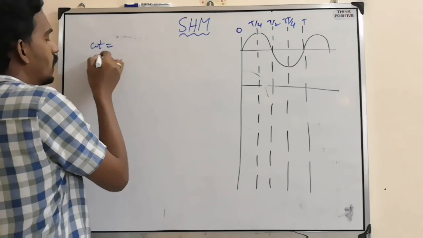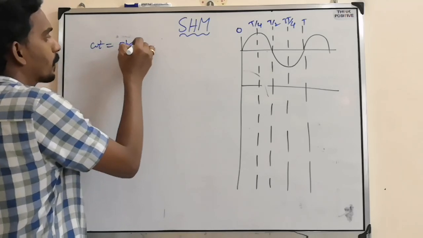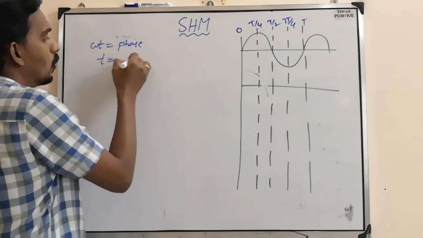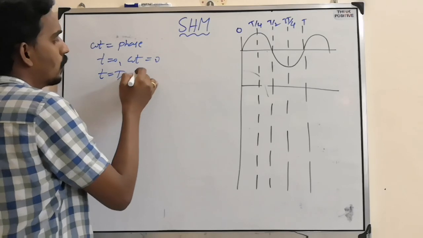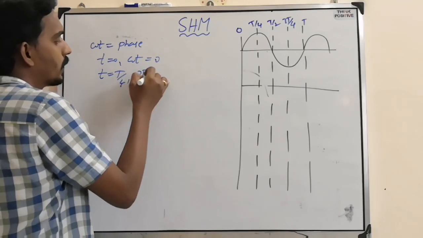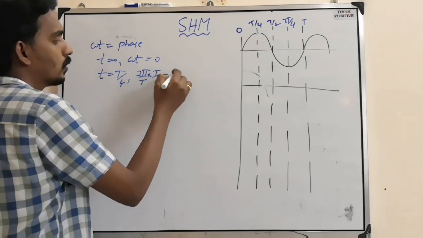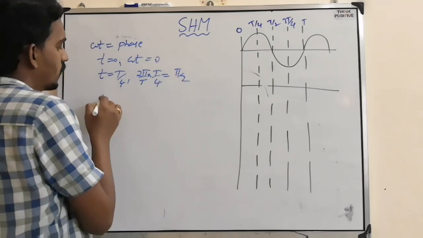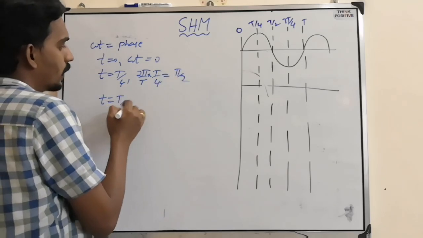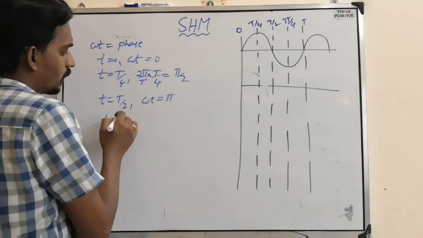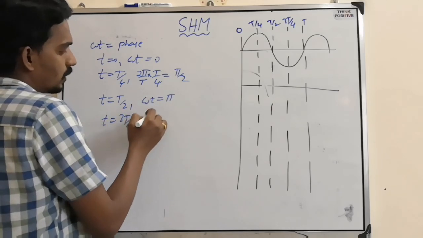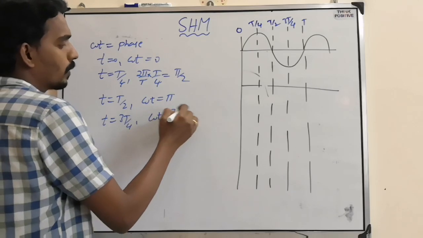So at t equal to 0, omega t is 0. At t equal to T by 4, omega is 2 pi by T, so omega t equals pi by 2. Then similarly at T by 2, the phase is pi. Then at 3T by 4, the phase will become 3 pi by 2.